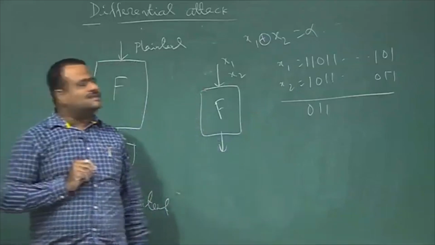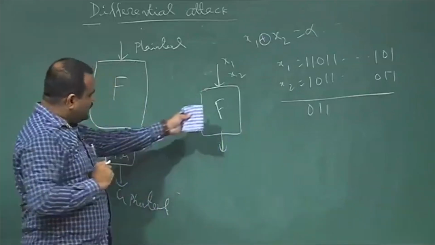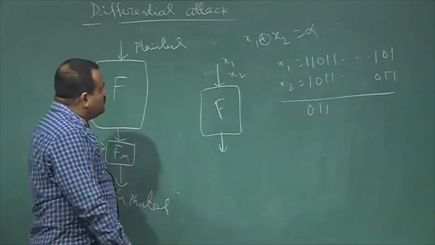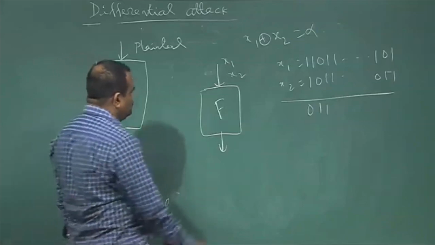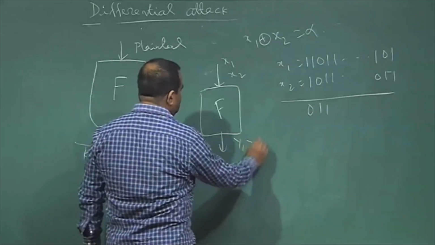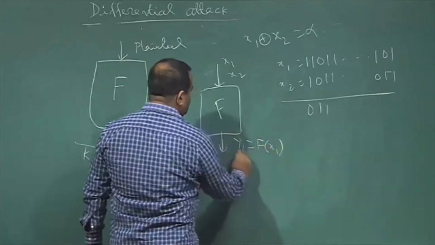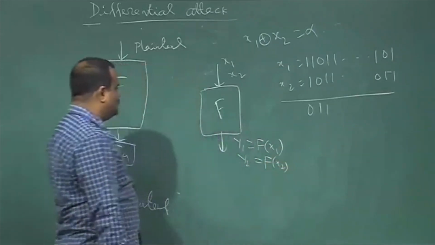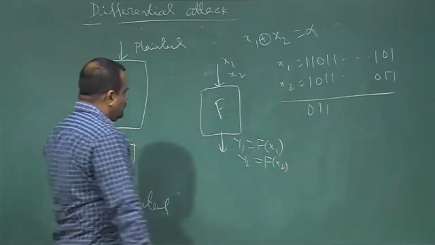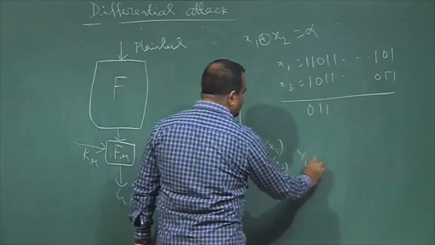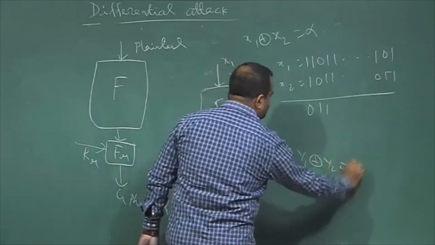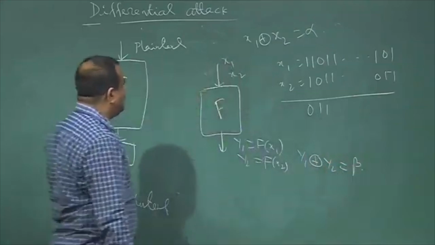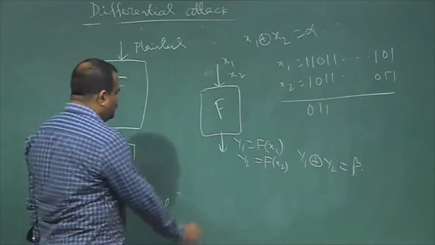If the input difference is alpha in f, then we want to see what the output difference is. So y1 is f of x1 and y2 is f of x2. Then we XOR them, and if it is beta, we say alpha is going to beta.